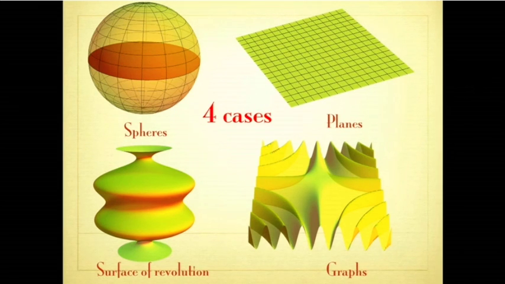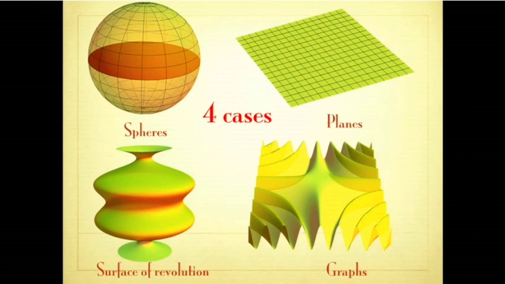So let's just go through them. The planes we have already talked about. We have seen how to go from the parametrization to the implicit case. The sphere, we will look at that just in a moment. That's a parametrization you should just know by heart. Rho cosine theta sine phi, rho sine theta sine phi, rho cosine phi.